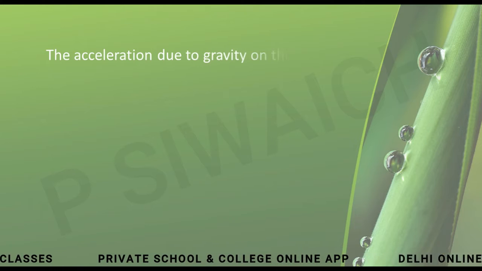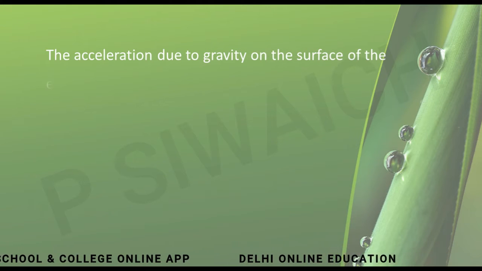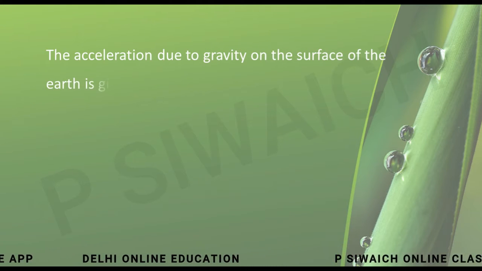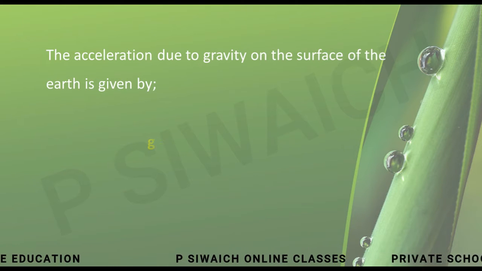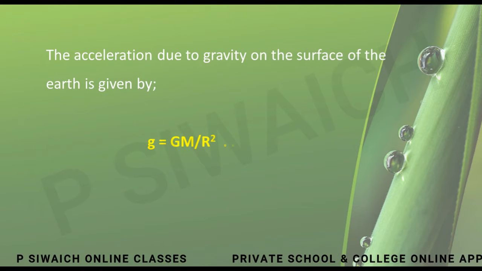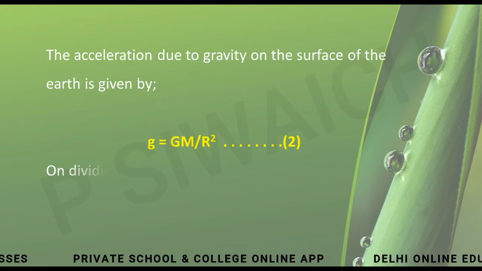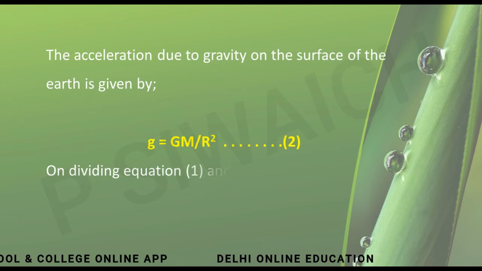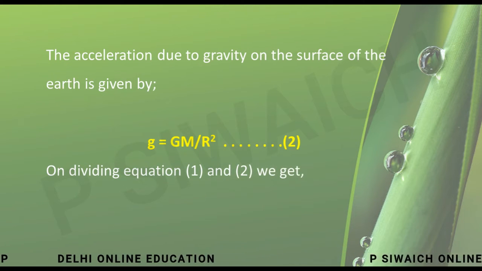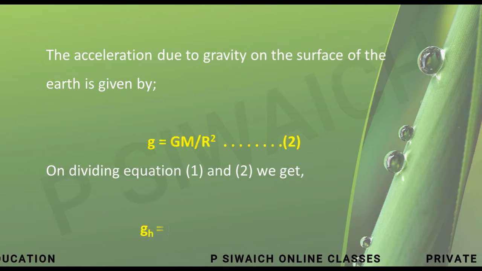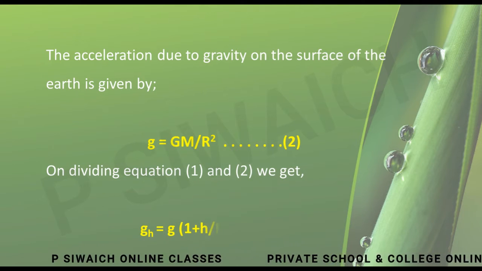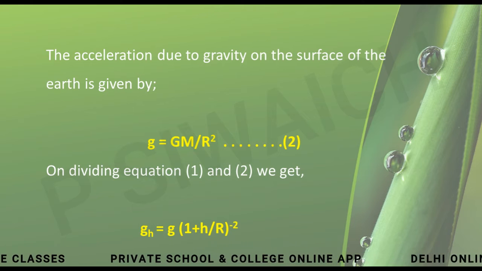The acceleration due to gravity on the surface of the Earth is given by g equals G M over R squared, equation 2. On dividing equation 1 by 2, we get g_h equals g (1 plus h over R) to the power minus 2.